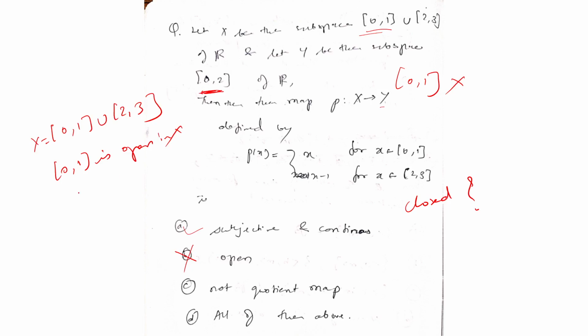But is it open in Y? Y is [0,2]. So it is not open inside this, right? So the image of an open set in X is not open in Y, right? So by the definition for open sets, it is not open.